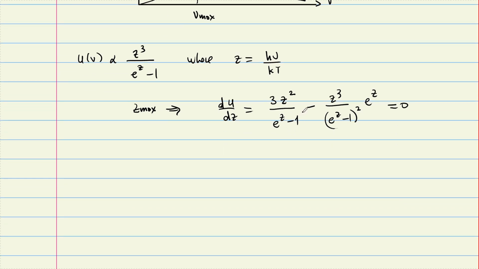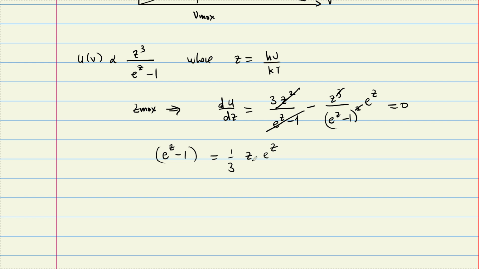Now this one is going to cancel this one, and I have an equation. This z squared is going to cancel this z cube, and I have something like this: e to the z minus 1 is equal to 1/3 z e to the z.